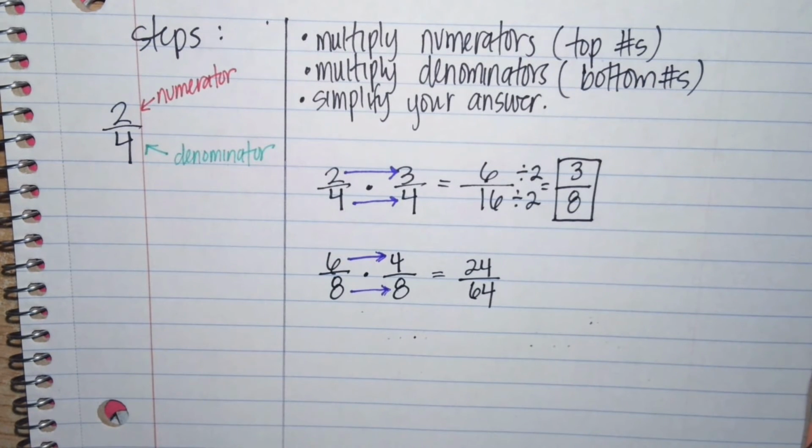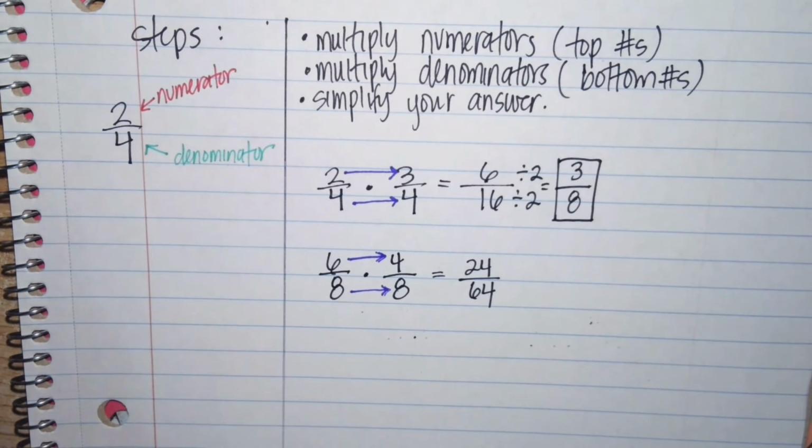And now we've multiplied. Now we have to ask ourselves, well, can 24 and 64 be divided by something? If you can't think of your greatest common factor, it's okay. Think of a number that they both have in common. In this case, I know that 24 and 64 I can divide by 2, by 4, or by 8.